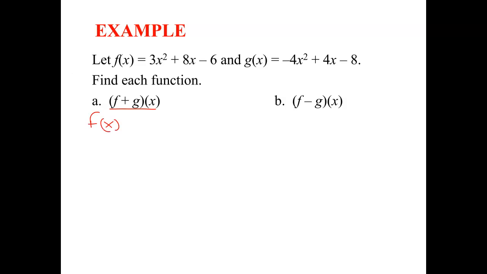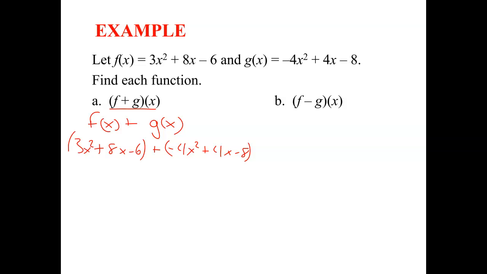We take f of x and we add g of x. 3x squared plus 8x minus 6, and then we're going to add negative 4x squared plus 4x minus 8. Okay, I'm adding one function to the other. Do I have any distributive property that I have to worry about?